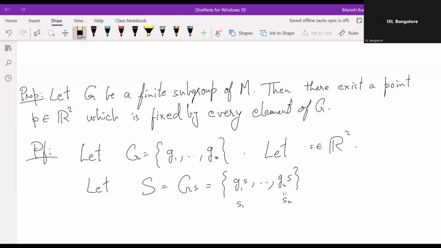Okay, let's not worry about this. Let's just keep it as it is, S1 to Sn. So the Si may not be distinct.